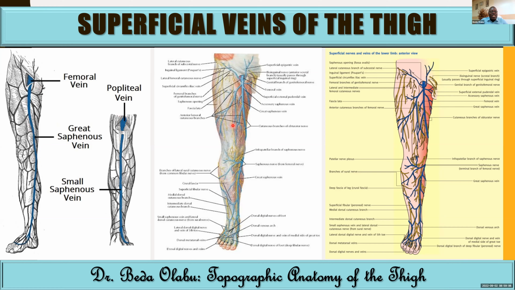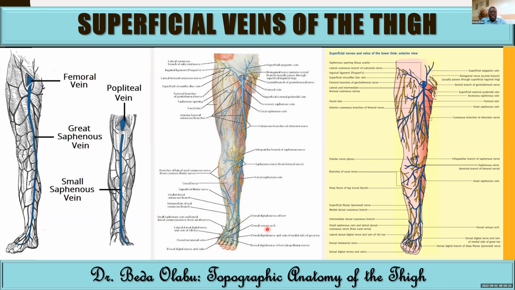And so all the other superficial veins appear to drain towards it, as we can see in this particular image here. The great saphenous vein is there, draining all the way to the femoral vein, but we can see various veins joining it.